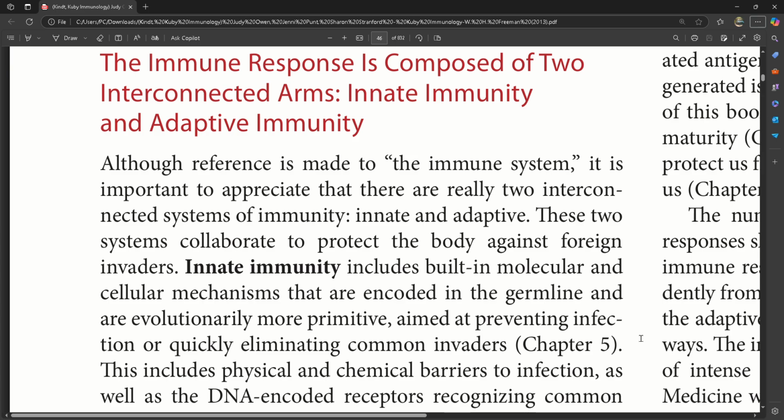So innate immunity includes built-in molecular and cellular mechanisms that are encoded in the germline and are evolutionarily more primitive, aimed at preventing infection or quickly eliminating common invaders.